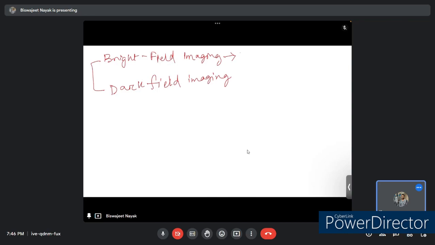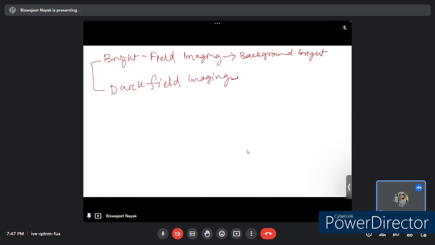Here the background is bright and the object which we need has a different contrast.